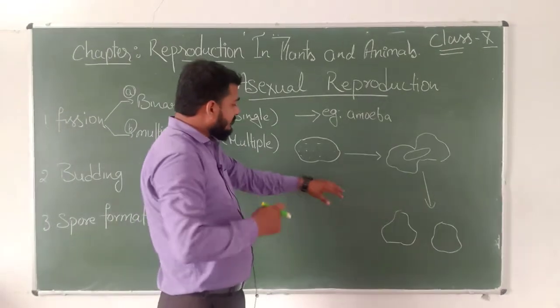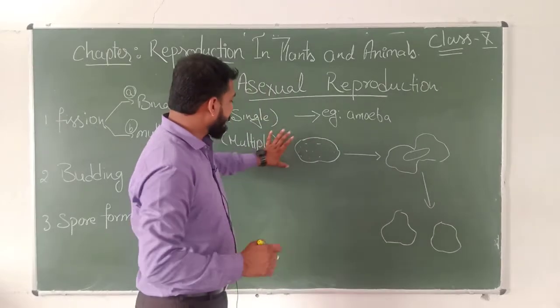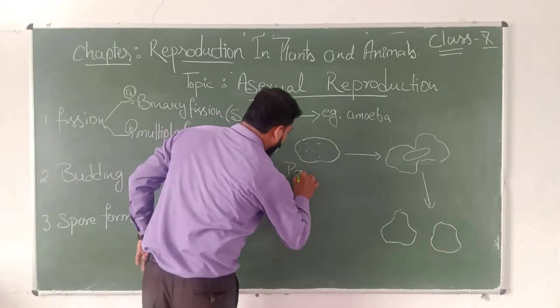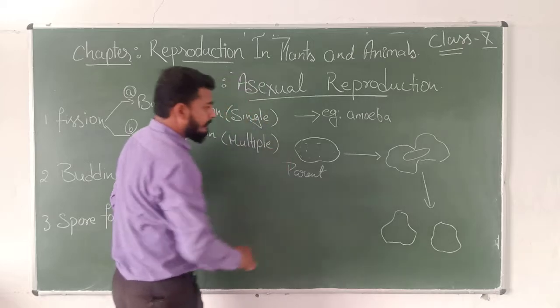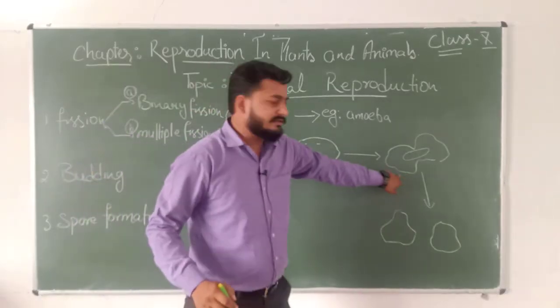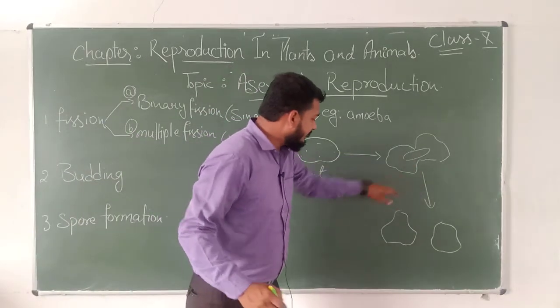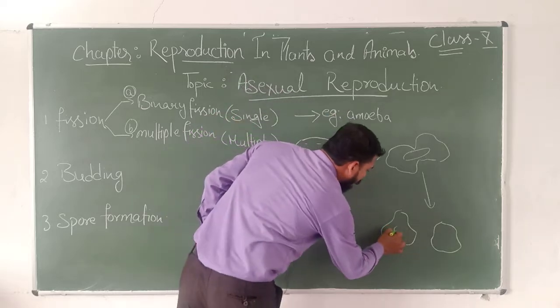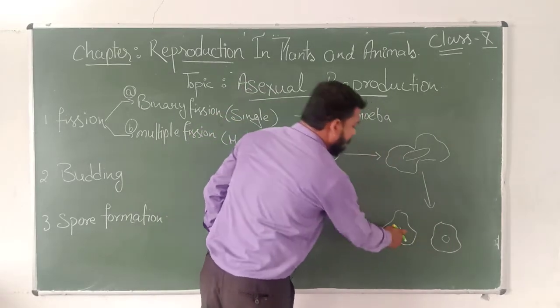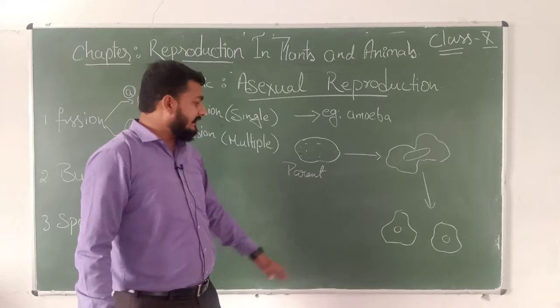Okay, first we see there was the parent cell. It has elongated, the nucleus is elongated, and then it has divided into two parts, along with the cytoplasmic material and the nucleus.